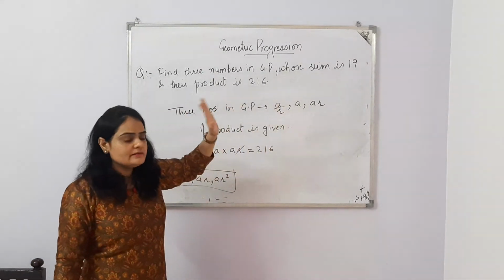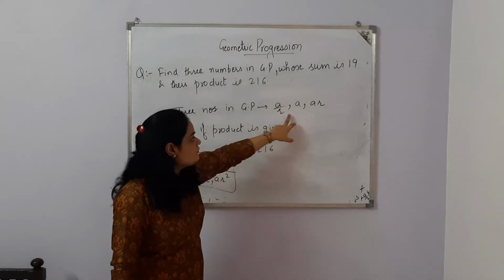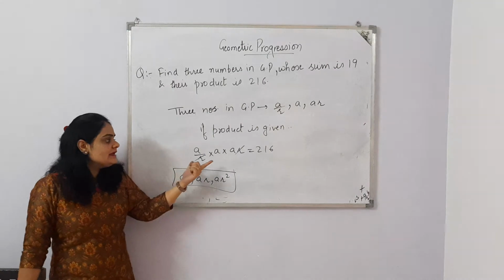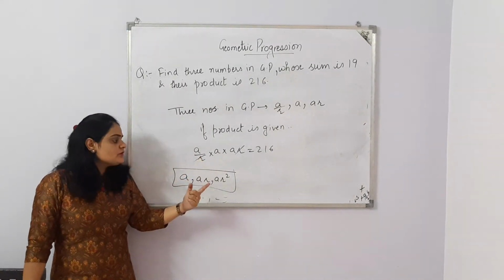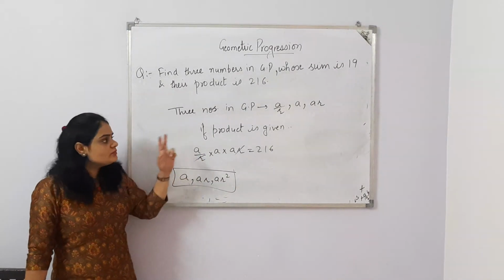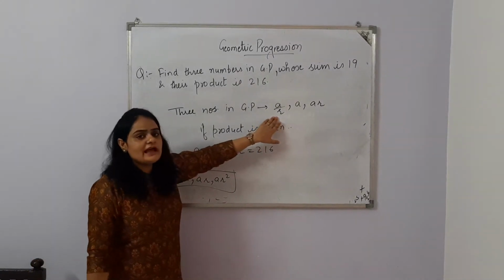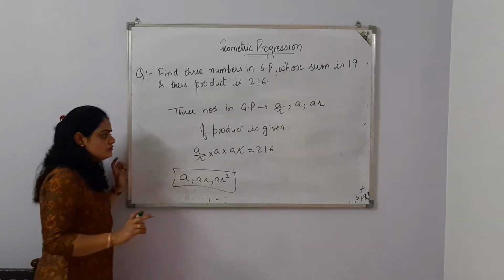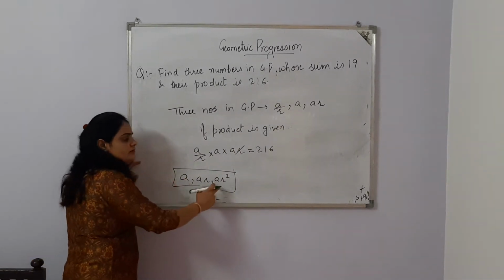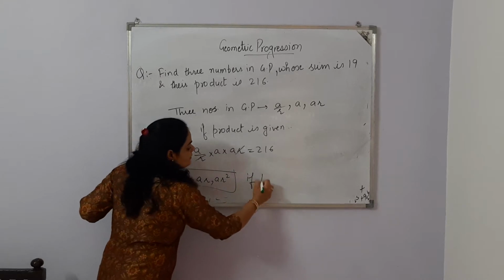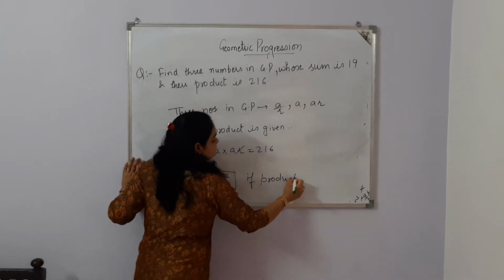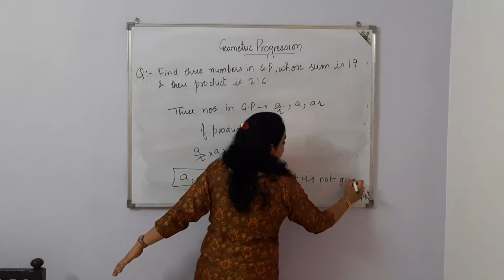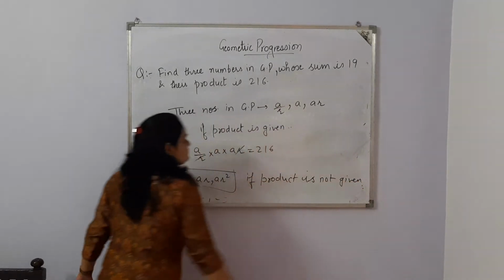There is only one reason: if the product is given and you take these three numbers, it reduces the calculation and you can directly find the value of A. If the product is not given, then by taking these three numbers the calculations will become a little bit complex. So instead of taking those three numbers, take these three numbers whenever the product is not given.